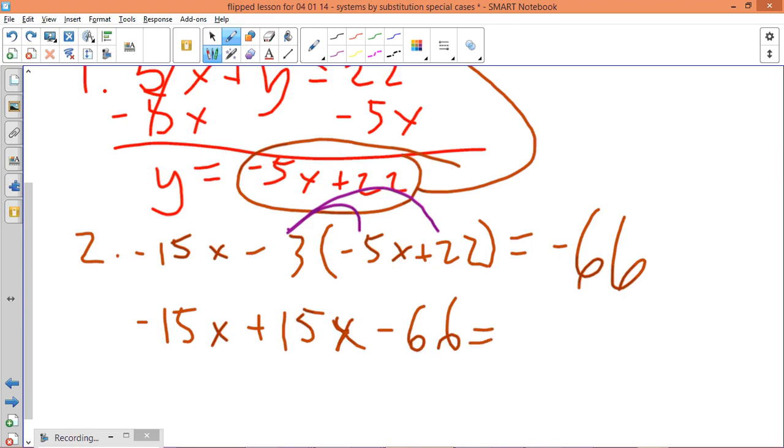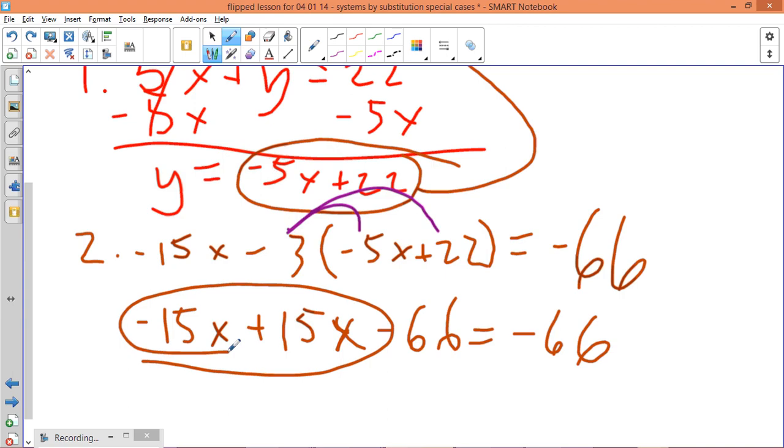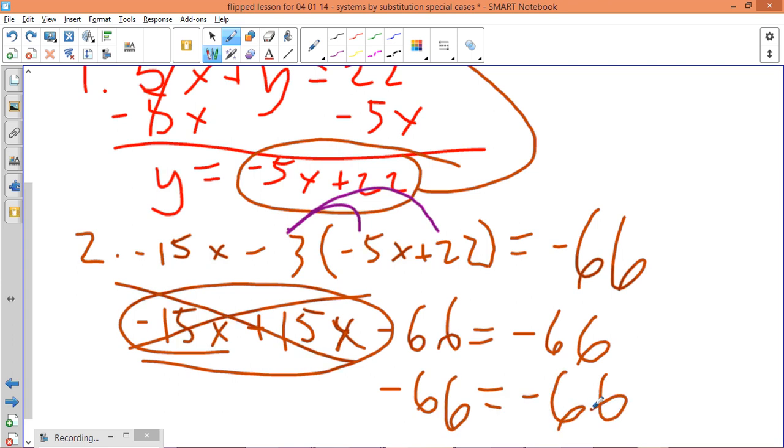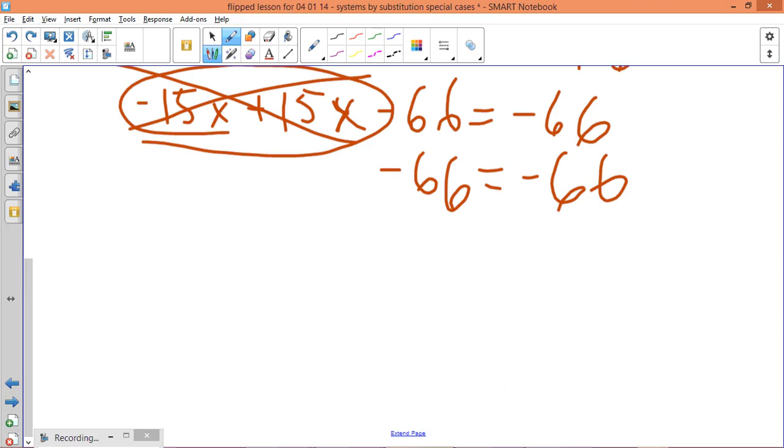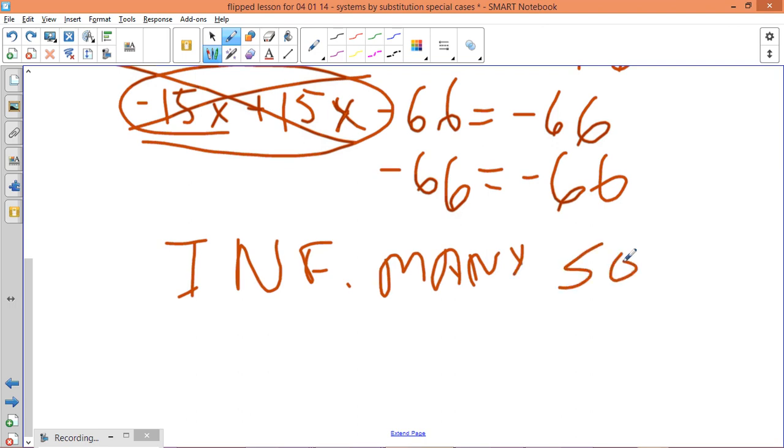And that's going to equal negative 66. Well, I need to combine my like terms. Negative 15x plus 15x adds to 0. So I get that negative 66 equals negative 66. That's always going to be true. So I write infinitely many solutions.